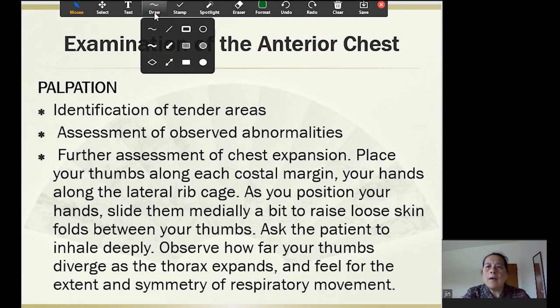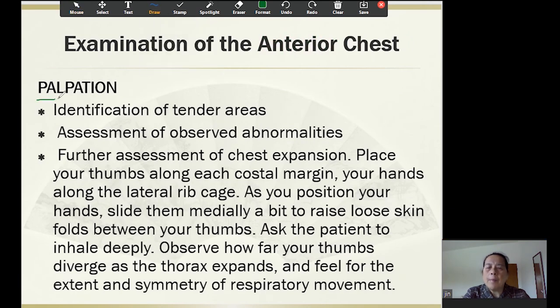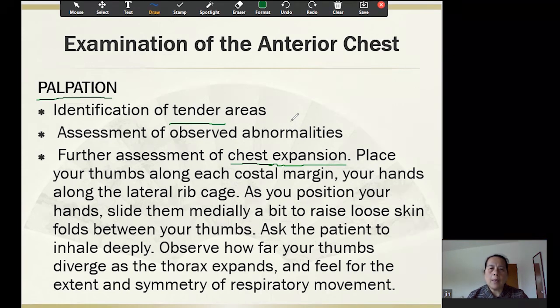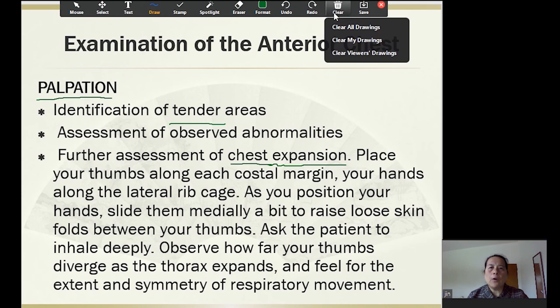For palpation, we still find any tender areas, and we also check chest expansion. We do that on the back, and we can also do it on the anterior area to see the lung expanding with respiration.